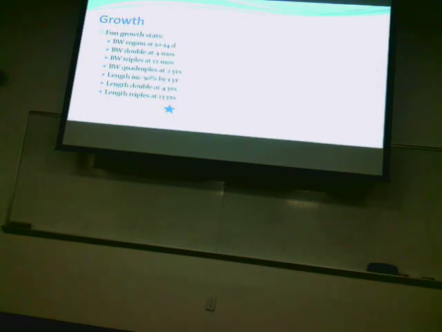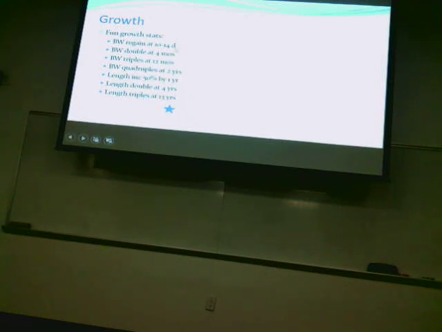I don't really have a good way of remembering it, and my mnemonic is a little bit stupid, but if you can remember the doubles and triples, and the number 4, and 12 or 13, then you know birth weight doubles at 4 months, triples at 12 months, length doubles at 4 years, and triples at 13 years. Sorry, that's the best I've got.